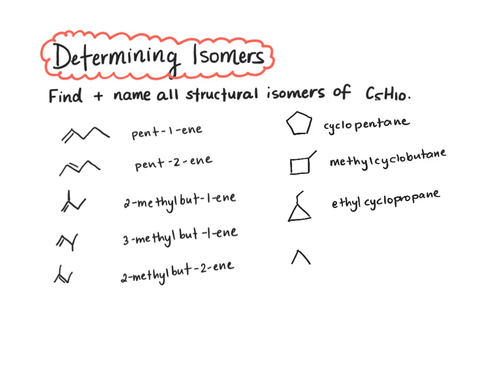And now I'll make that ethyl into 2 different methyl groups. So this can be 1,1-dimethylcyclopropane. So the reason we need the numbers now is because we have 2 groups within our compound, and so we need to identify where they are relative to each other. And then lastly, we can have 1,2-dimethylcyclopropane.